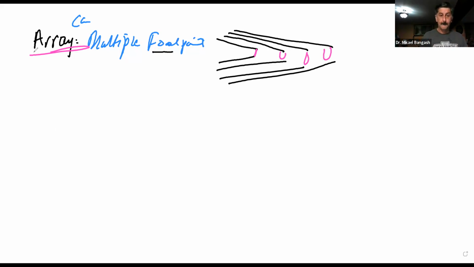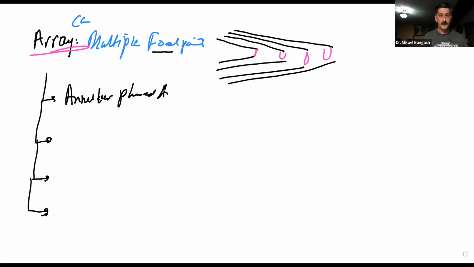Now, in the array transducers, we mainly have these four types. One is the annular phased array. The other one is the linear phased array.